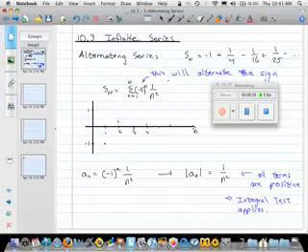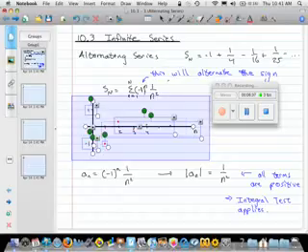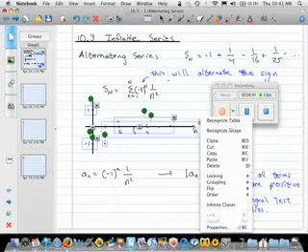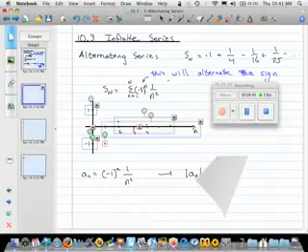So if we do the positive version, I'll put that in blue. I'll do it on the next page. If we do the positive version of that series, or of that sequence, it looks like this.